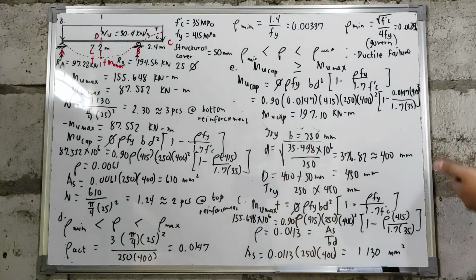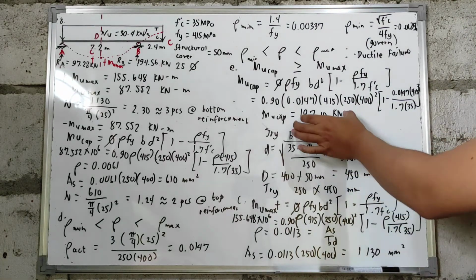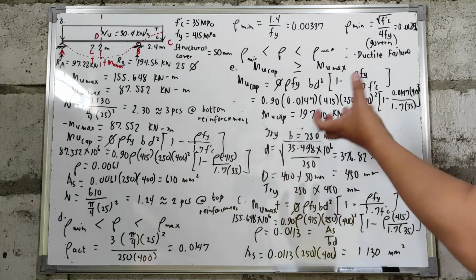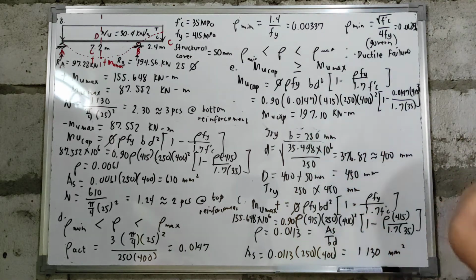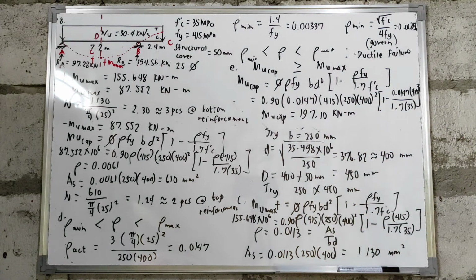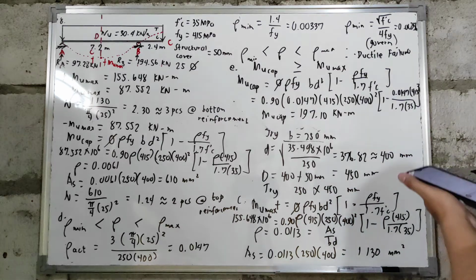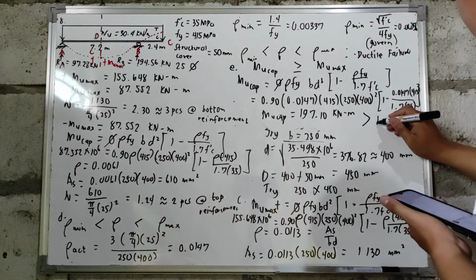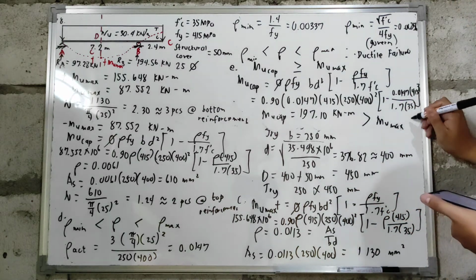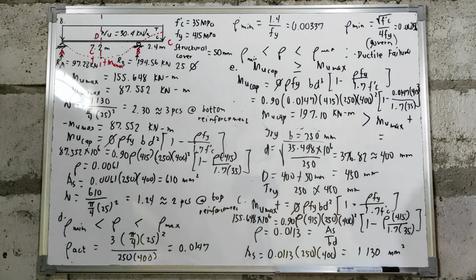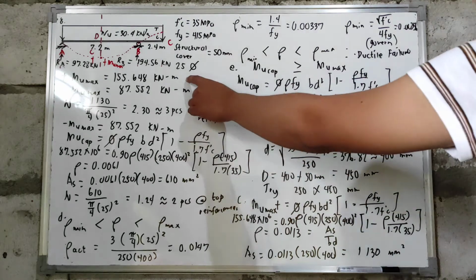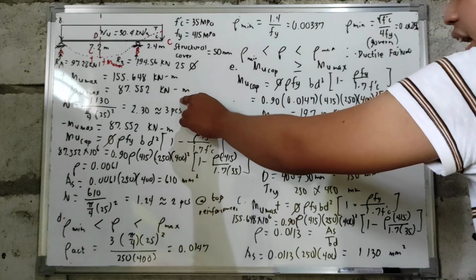So ito yung capacity nung beam natin to resist yung mga moments na pwedeng i-apply sa kanya. Wherein kung i-consider natin yung highest Mu max natin, greater than yan to the Mu max positive. So i-consider natin yung Mu max positive kasi hamak na mas mataas naman yung positive moment natin dun sa negative moment.